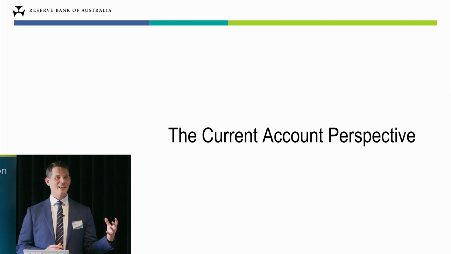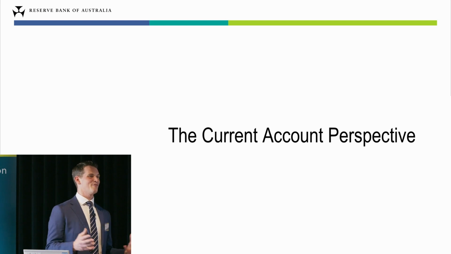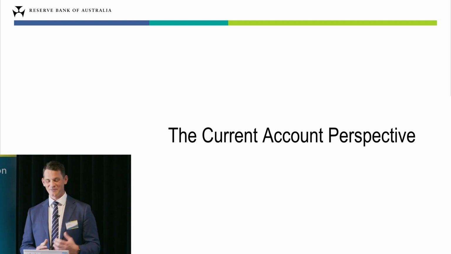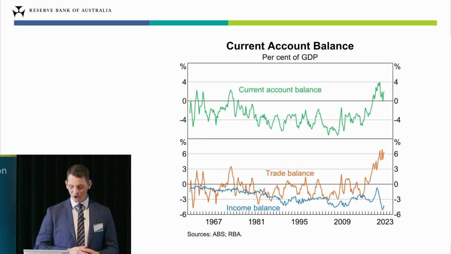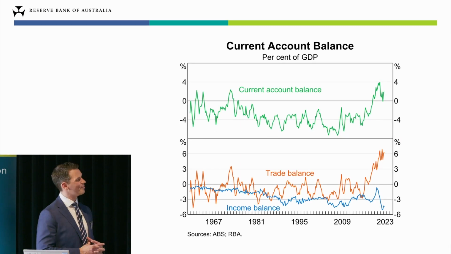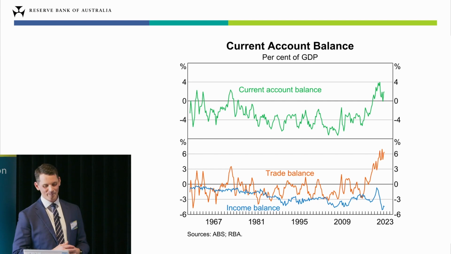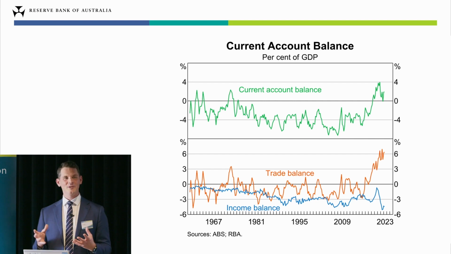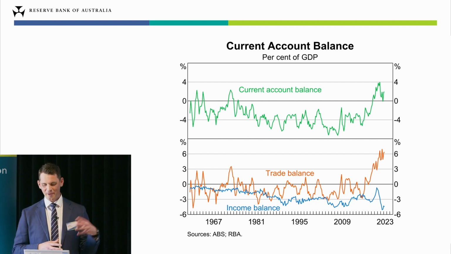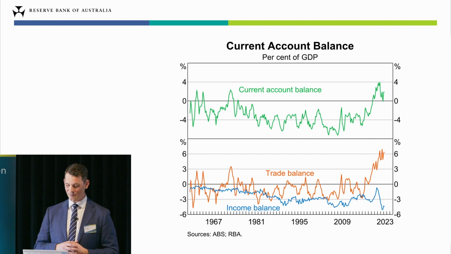So moving on to the current account perspective, and hopefully something that's a bit more familiar when we're thinking about trade. I know it is for me, definitely. This graph here shows the current account in the top panel with its components, the trade balance and the net income balance below. And now your students are probably going to be asked at some point about what the key drivers of the shift might be.